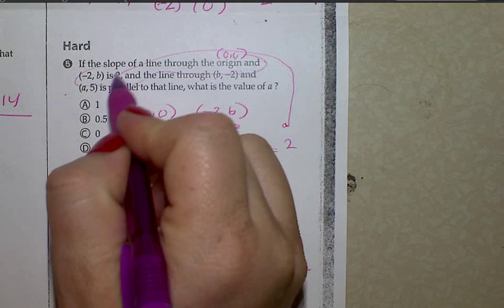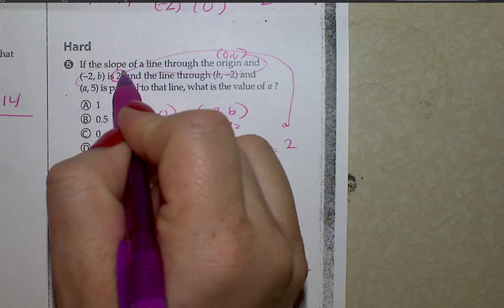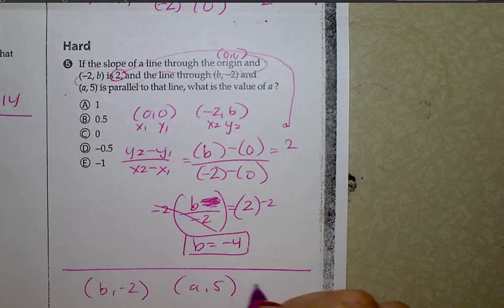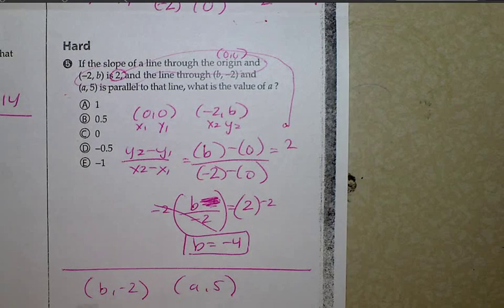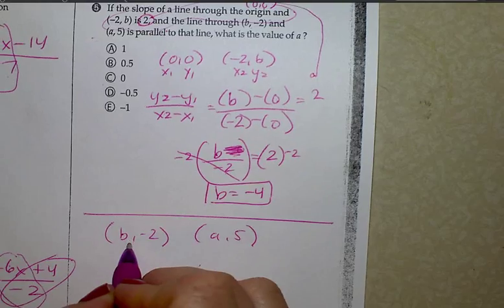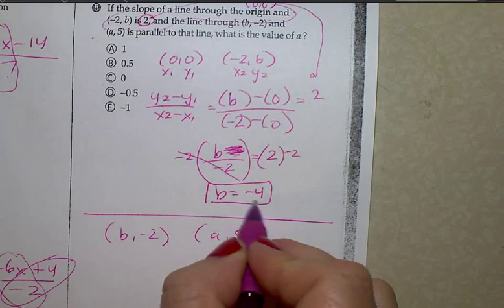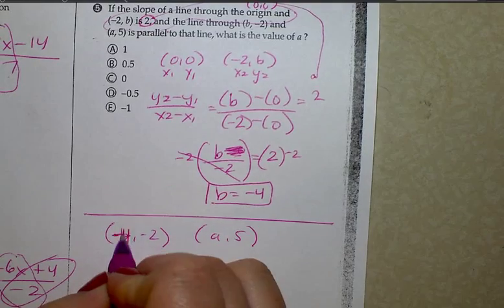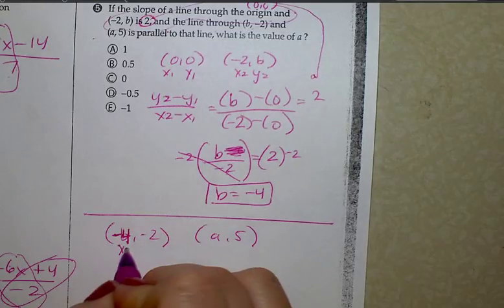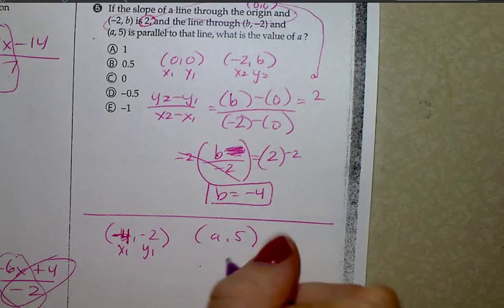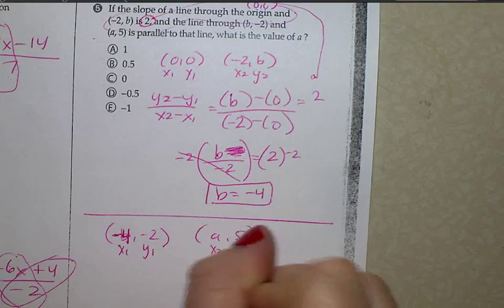Well, the line up above has a slope of 2. That means this line also has to have a slope of 2 because it's parallel. And by the way, what is b equivalent to? Which value? So let's change this to a negative 4.